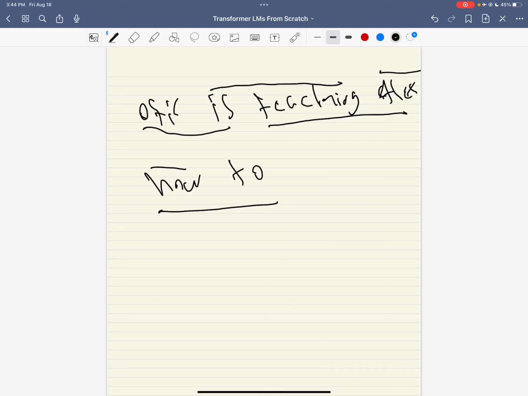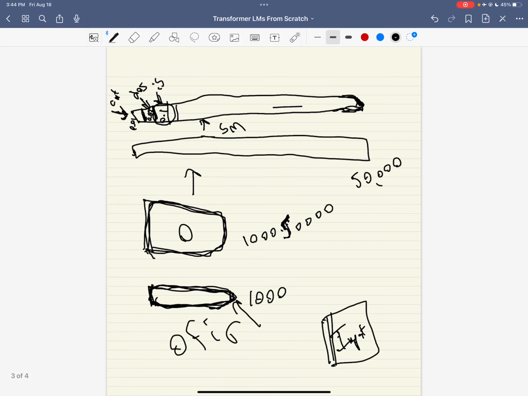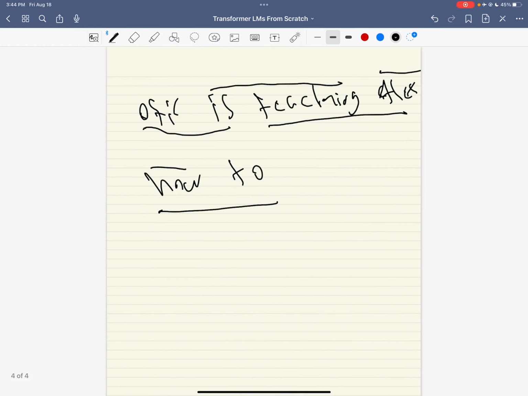And the cool thing that happens is that these input representations learn really quickly to map similar words to similar areas in vector space.